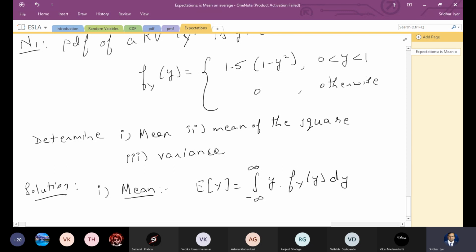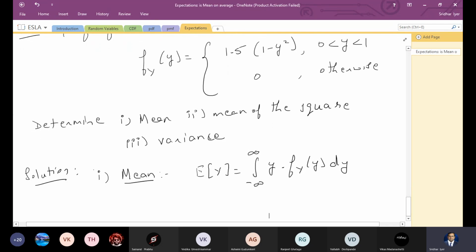So it's simply integrating and multiplying with y, the PDF is already given to us. So I'm going to now write E of y as mu y because it's the mean value, and now I'm going to substitute the values inside that integral.